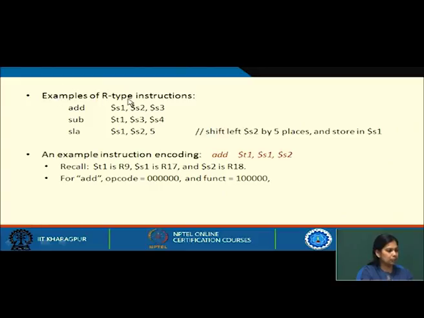Let us see an example of an R type instruction: add S1, S2, S3 like this. For an example instruction encoding, let us say this is S1, S2 and S1. So, these are source registers and this is the destination register. Recall T1 was R9, S1 is R17 and S2 is R18, and for add the opcode 000000 is for ALU and the function for add is 100000.